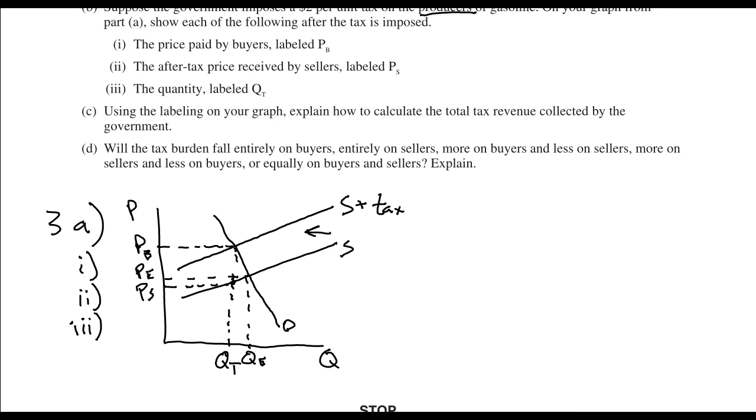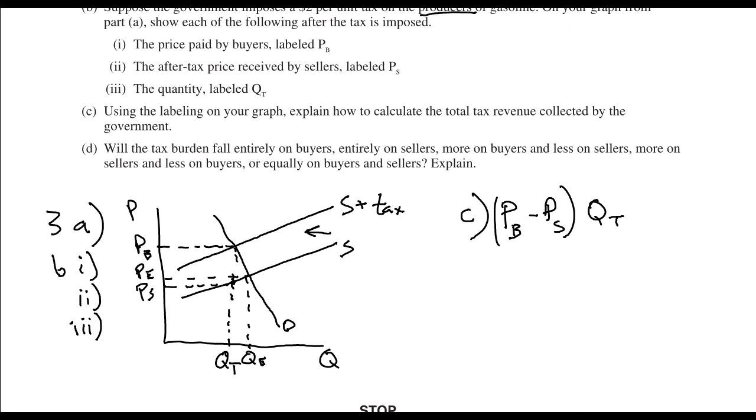But I'm going to, oh, sorry, that was part B1, this is part C. Using the label on my graph, I'm going to explain how to calculate it. Well, it'd be the P sub B minus the P sub S, that's the amount of the tax, times the quantity that is being sold in the market.